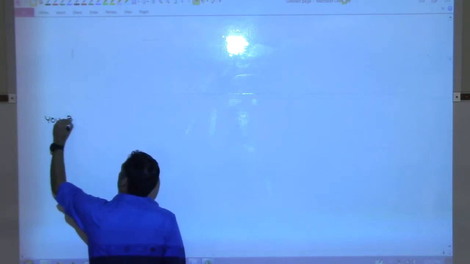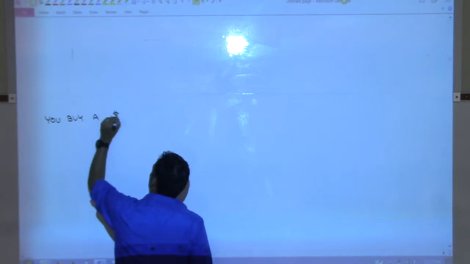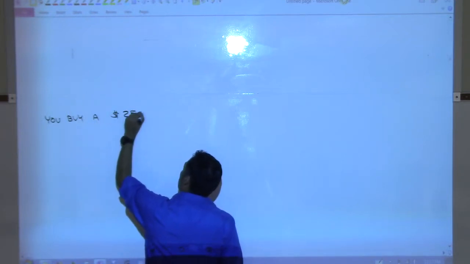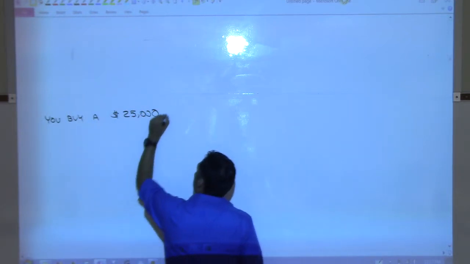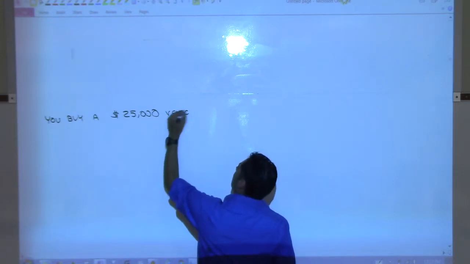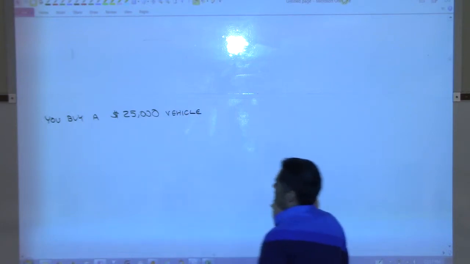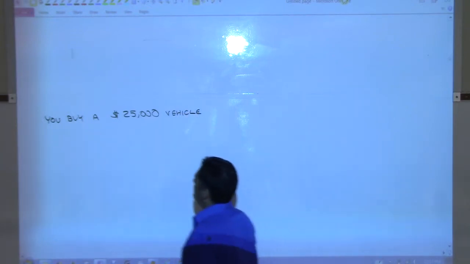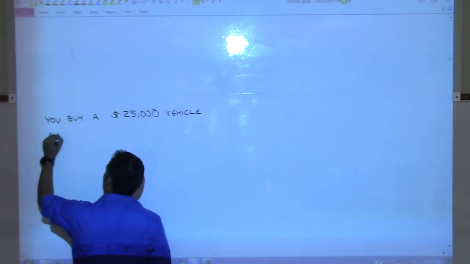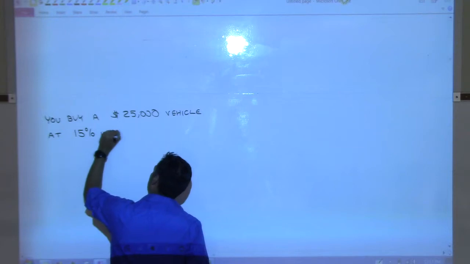You buy, I don't know how much he paid for it, but I'm just going to make it up, a $25,000 vehicle. Let's not make it 18, let's just go 15% interest.